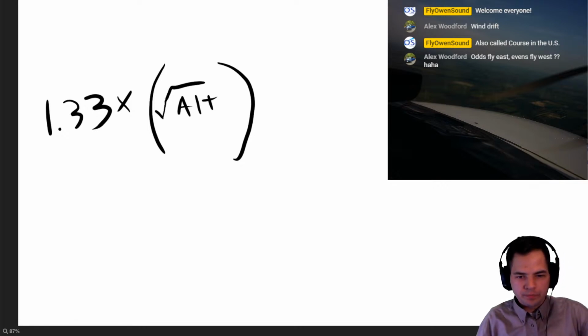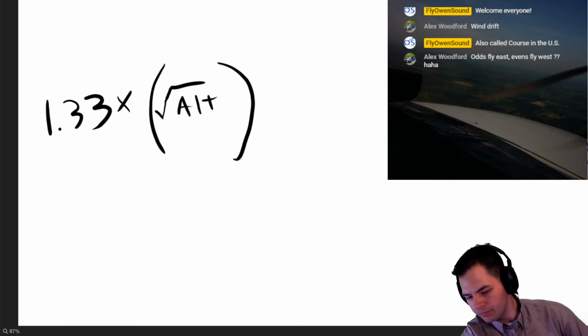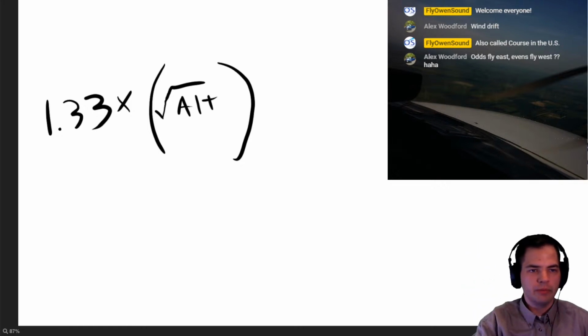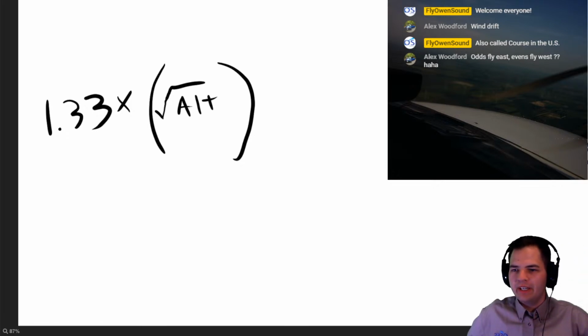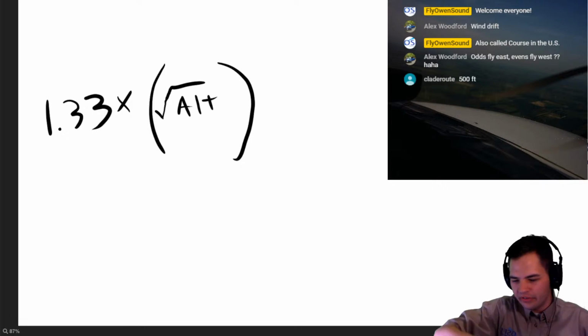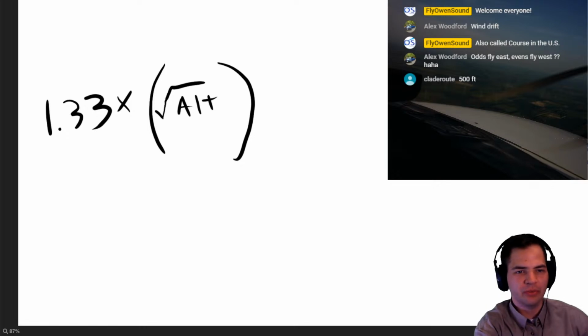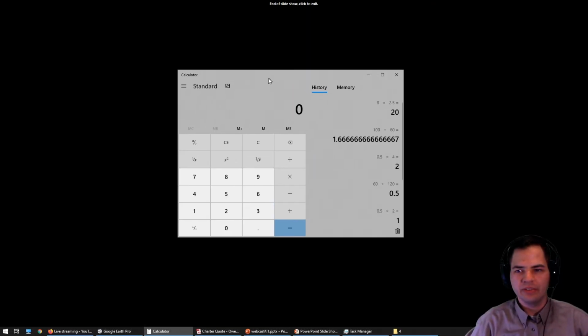So most calculators you should be able to do this on. It may need a scientific calculator in some cases, but funny enough, the scientific calculator I'm using in Windows here, the scientific part doesn't work, but I got it in this standard mode. I got the square root button, which is what I need. So you find the square root button.